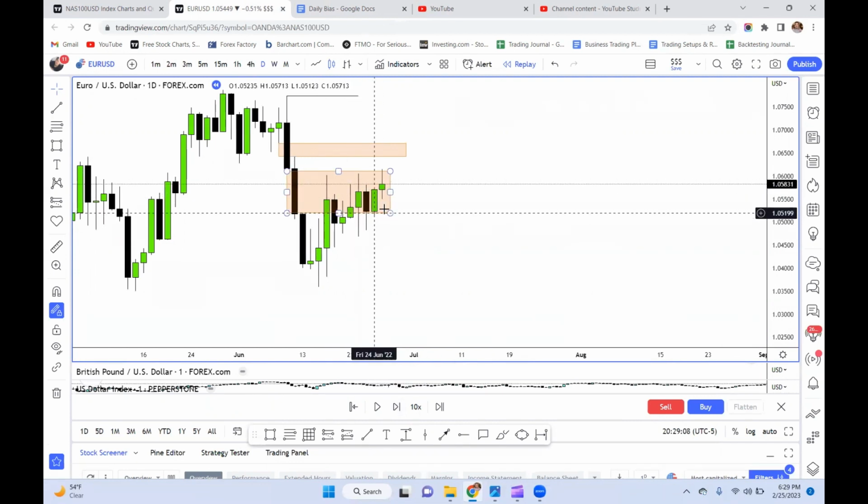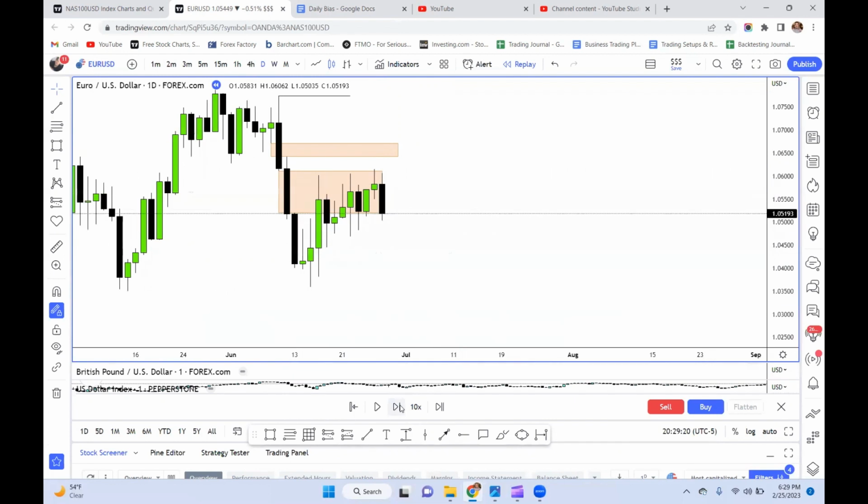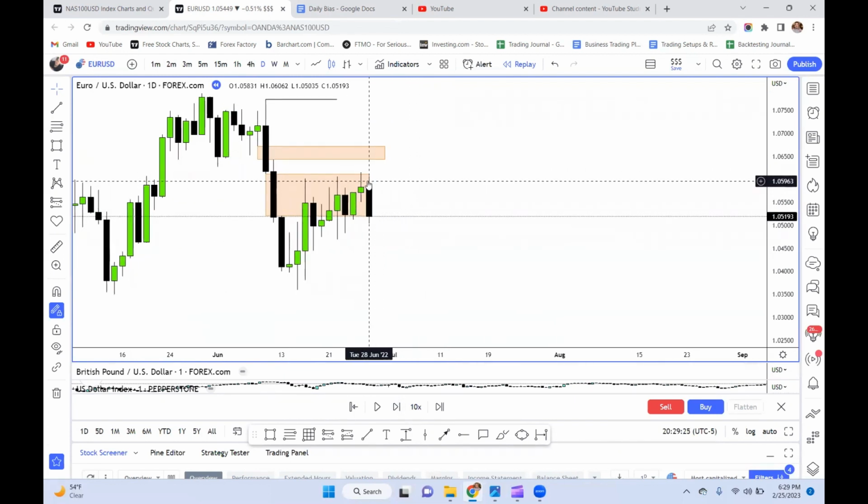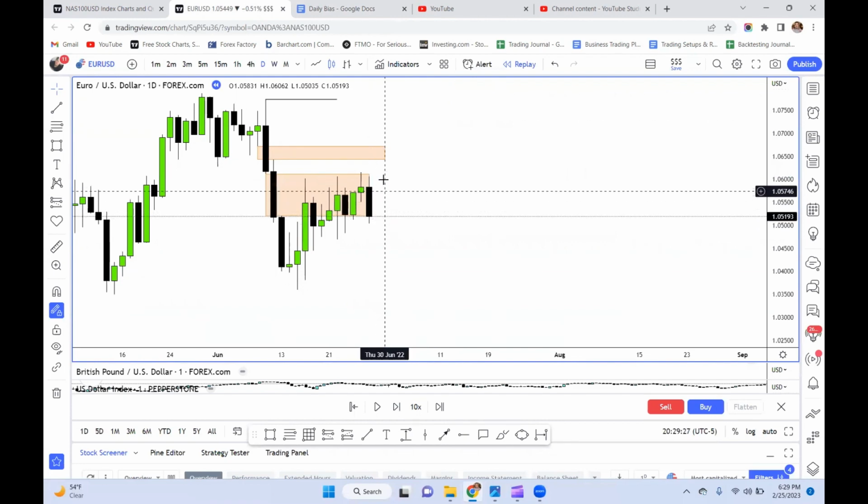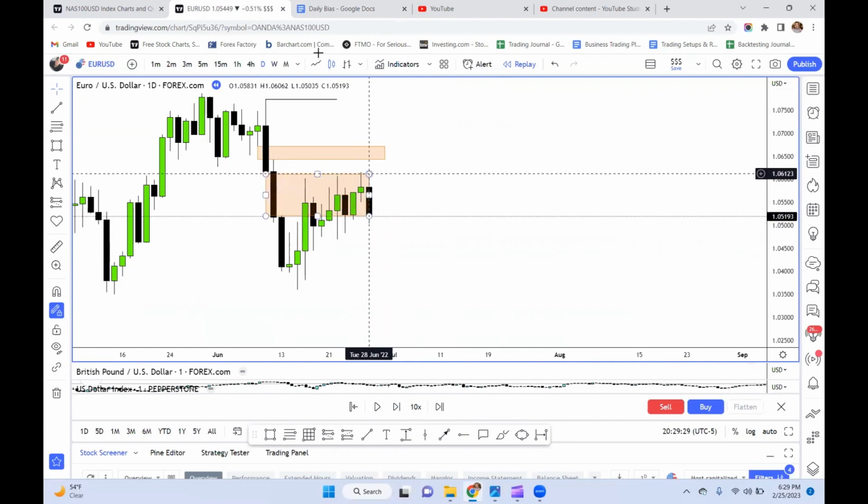That's considered consolidation. And now it just broke out. It broke the high here. The lows were supported. No lows were traded through here. Supported, broke out. And now it just broke down.